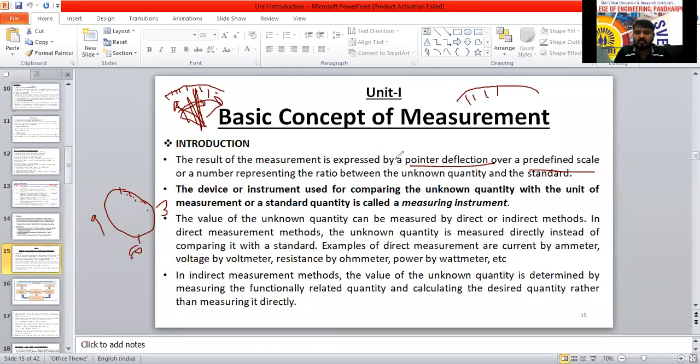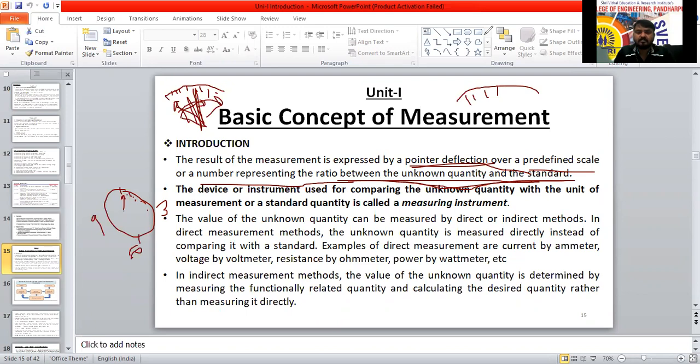So the measurement is expressed by pointer deflection over a predefined scale, or by a number representing the ratio between the unknown quantity and the standard.